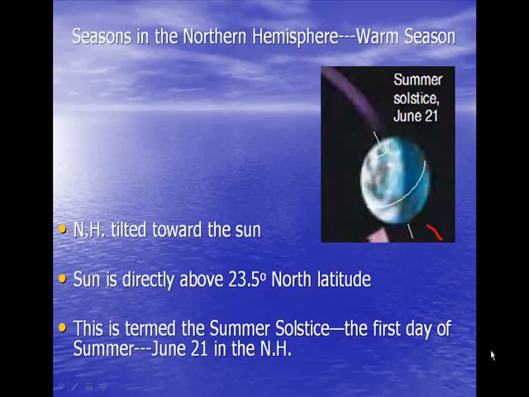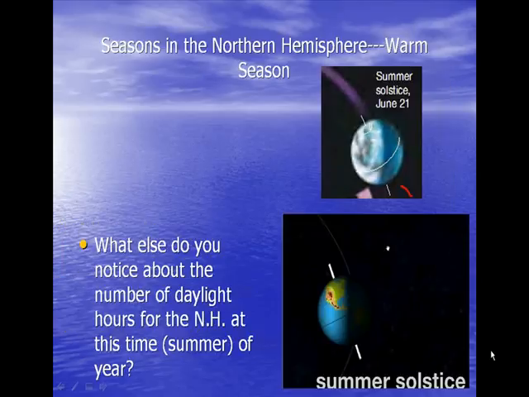Something you could not have seen from the simulation is that the sun is directly overhead at about 23.5 degrees north latitude. That corresponds to the angle of tilt of the Earth. This is what we call the summer solstice, the first day of summer, June 21st in the northern hemisphere.